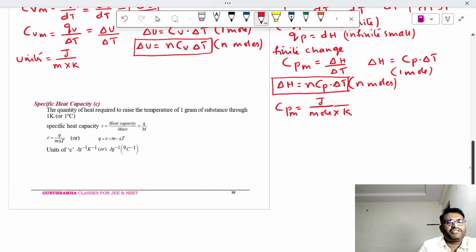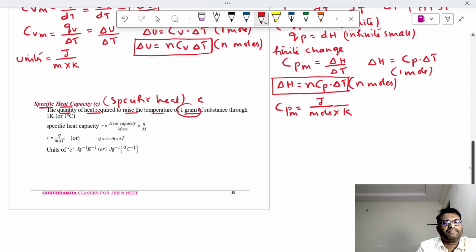Next, coming to specific heat capacity. In other words, it is also called specific heat, represented by small c. It is the quantity of heat required to raise the temperature of 1 gram.